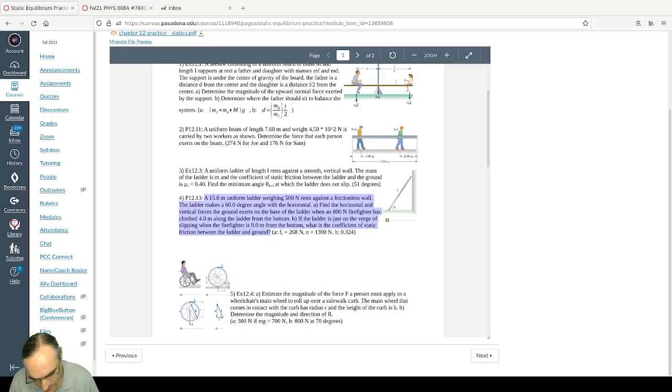The weight of the firefighter is 800 newtons. Angle of the ladder is 60 degrees from the x-axis, from the horizontal. And I'm going to call it D the distance the firefighter is along the ladder, which is 4.00 meters.